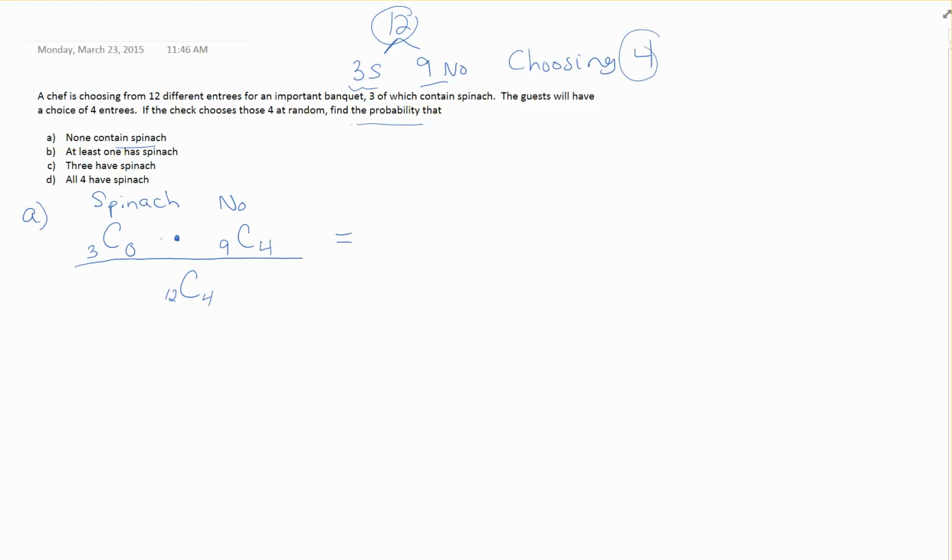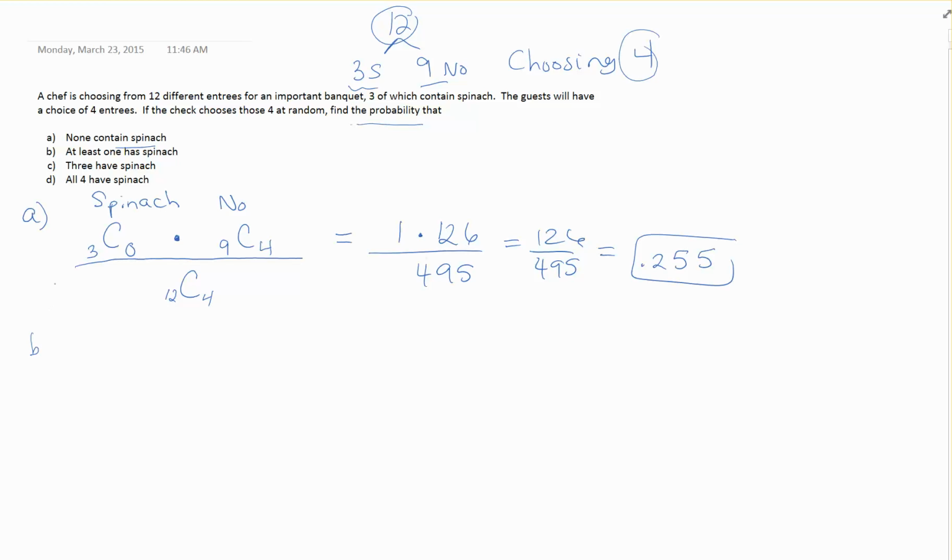So 3C0 is 1, 9C4 is 126, and then 12C4 is 495. So I have 126 out of 495 that I want to divide now. And that's equal to 0.255 if I round that to 3 places. So that's the probability for the first option.